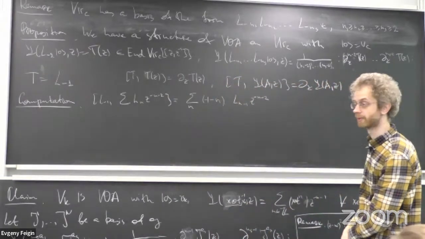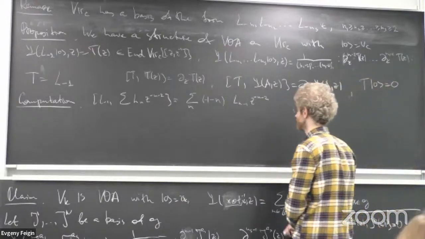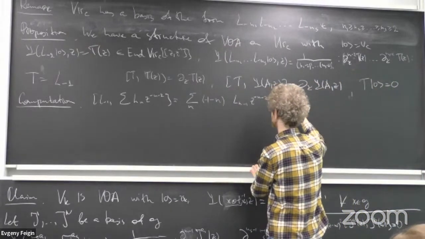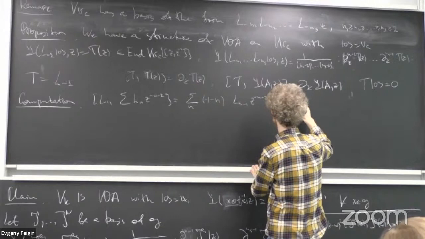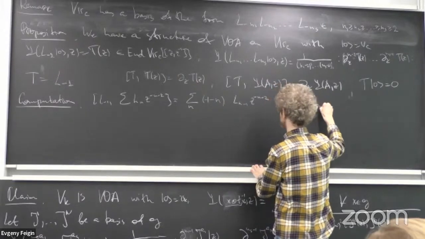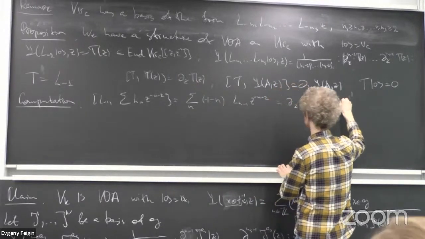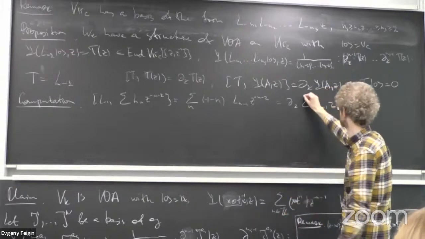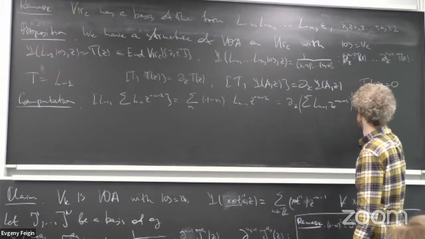Okay. And this is nothing but dz, the sum of L n minus 1 z to the minus n minus 1, which is dz cubed.